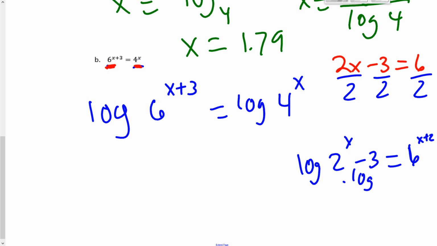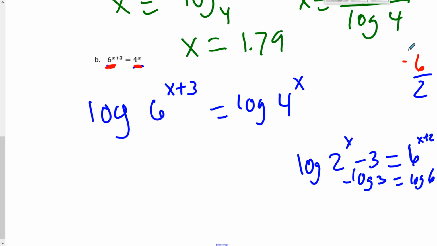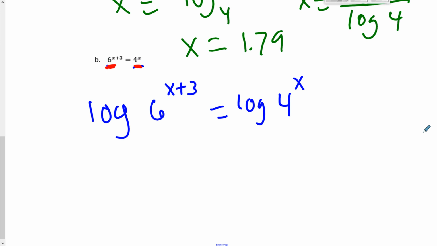So I'd have to take the negative log of 3 and then equals log of 6. So I'd have to do it to everything, right? It's kind of nice that these bases are already by themselves or set equal to each other. If not, I would have to log everything, just like I would have to divide everything by 2.